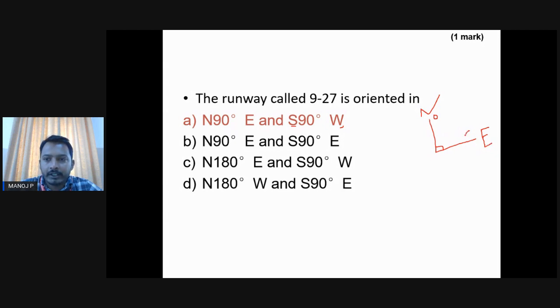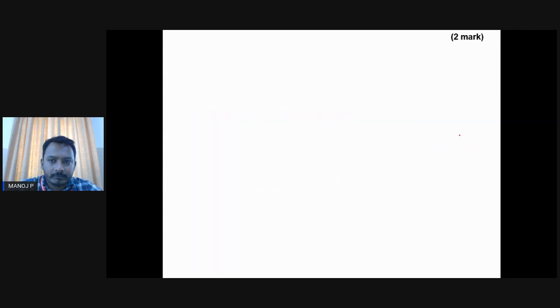This will be represented as 9. And another will be located at south, 90, 180, and 270. South towards west. So this will be south 90 degree west.